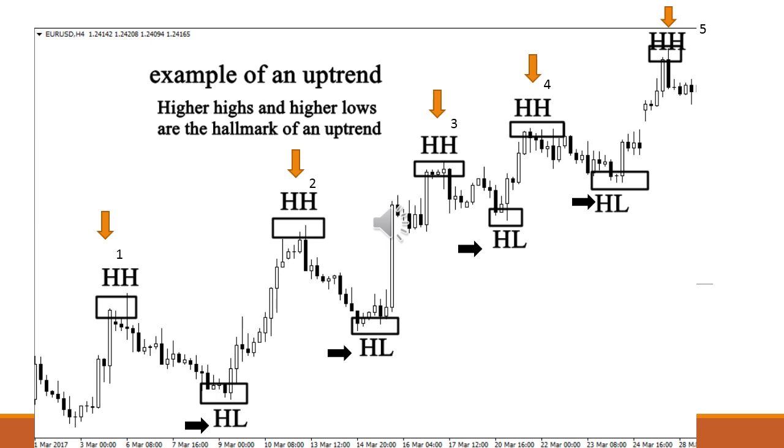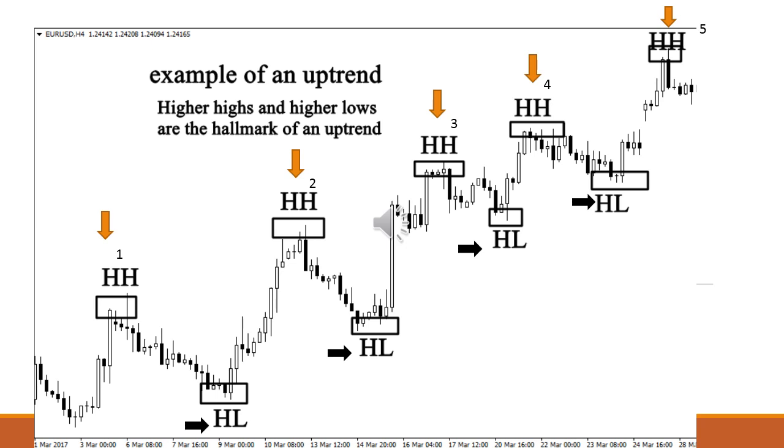Now, if you look at this market very well, you see the capital H at number one where the arrow is pointing down. This place is the highest level the market reached. It's a core high. After that the market went back and there was a decline. It went back and formed a low, a higher low, at this first black arrow.